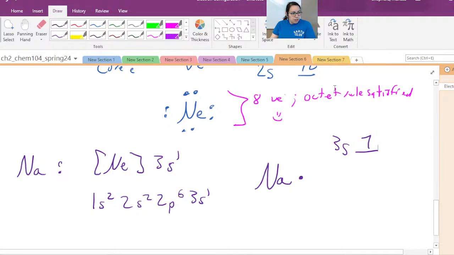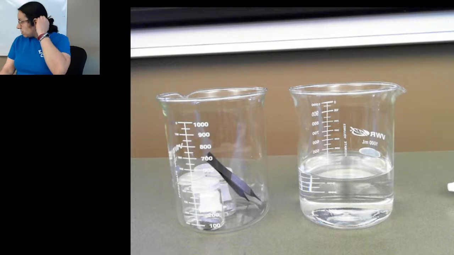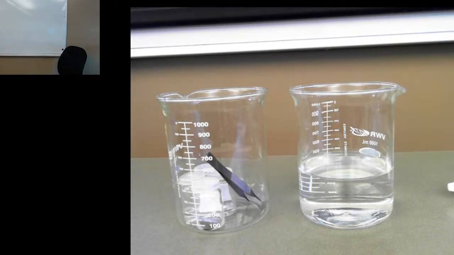We're slowly running out of time, so let's go to our demo. I'll put this on the big screen to help. We want to highlight this reactivity. I brought with me lithium, sodium, and potassium.